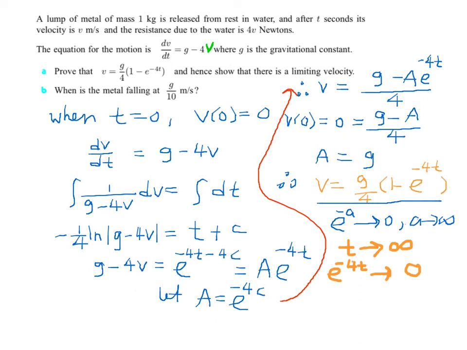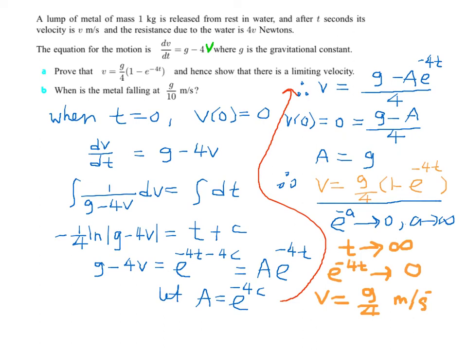So from the solution, we replace this by 0, because t tends to infinity, and we'll have g over 4. That would be the limiting value. Of course, it should be meters per second.